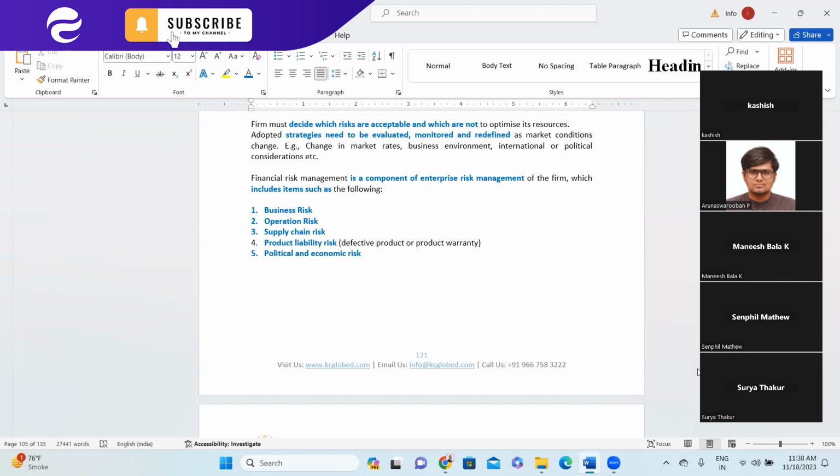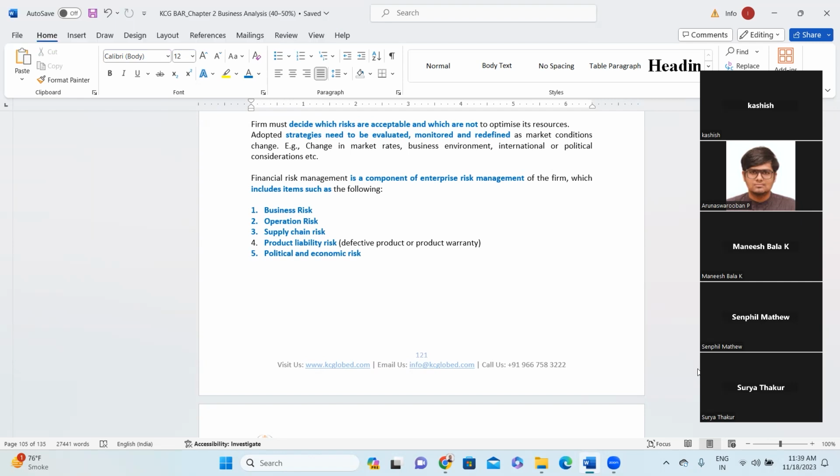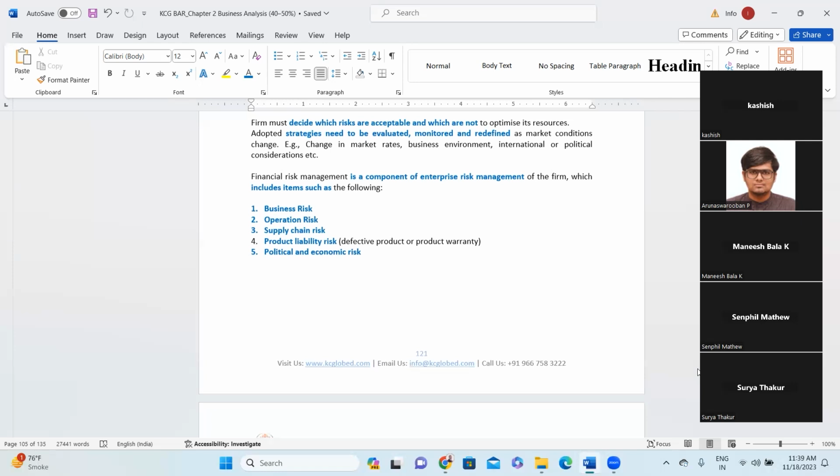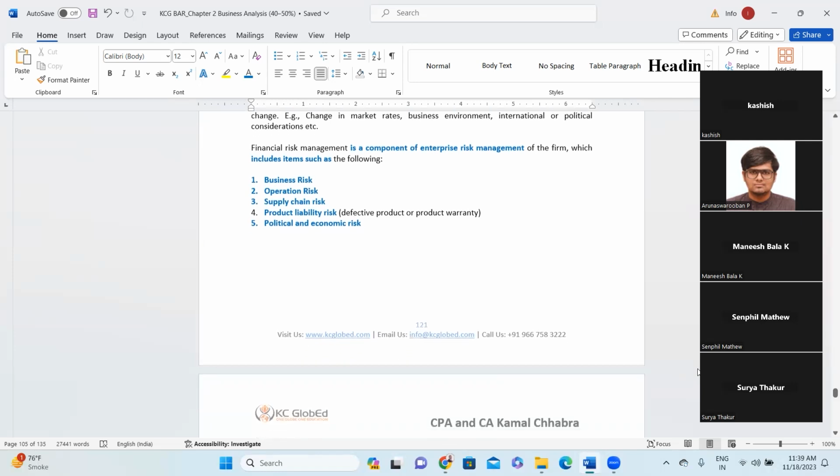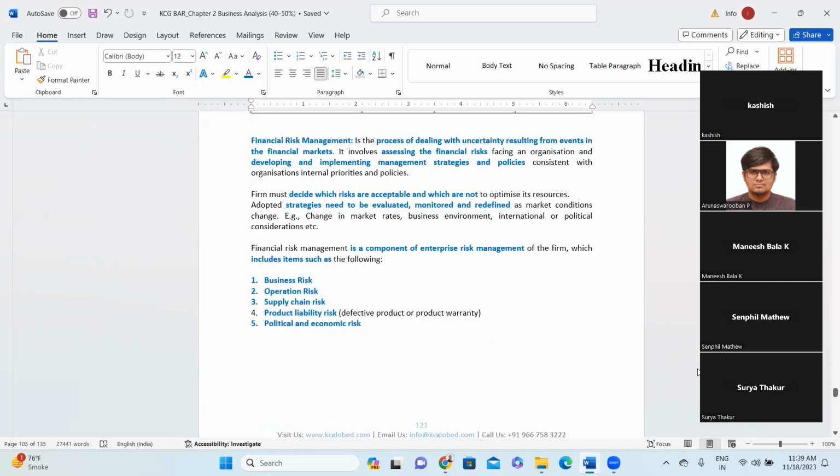And if there is any change in circumstances or change in market conditions, then you need to reassess and reevaluate those controls. Right? Any doubts so far? Yes? No? No, sir. So far so good?